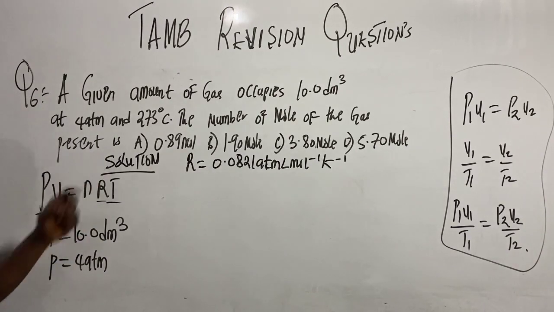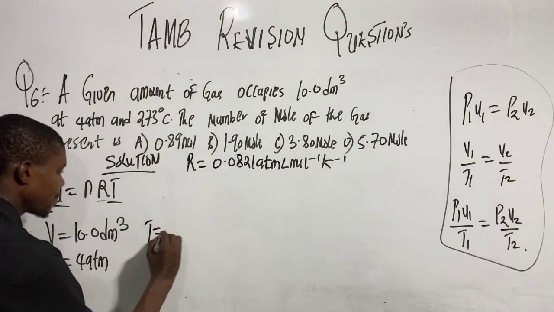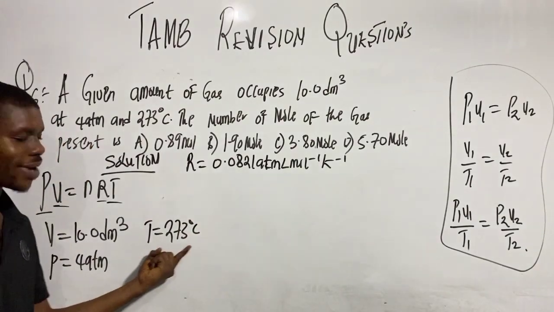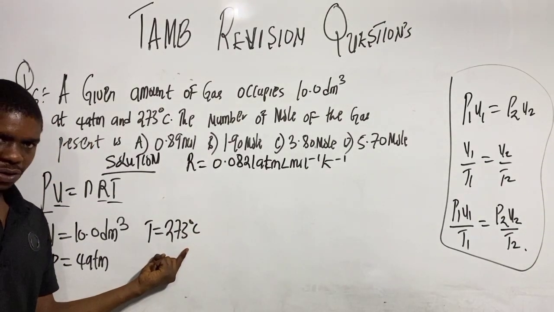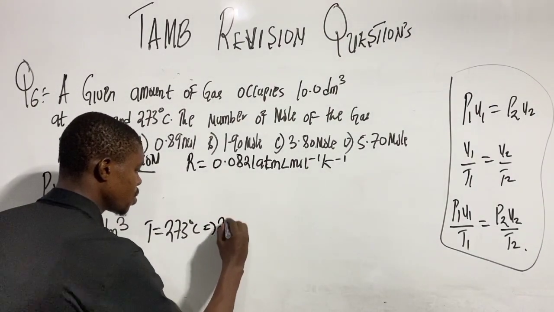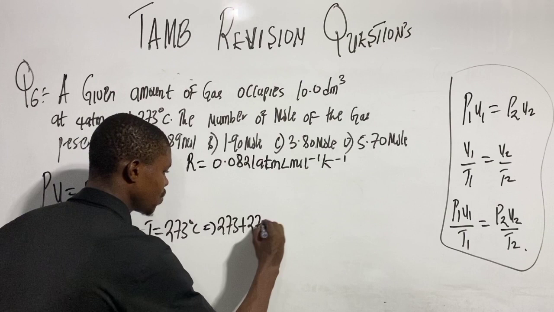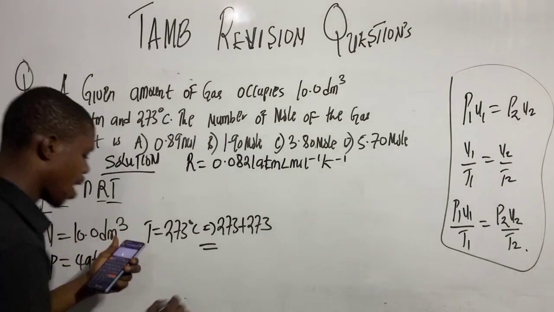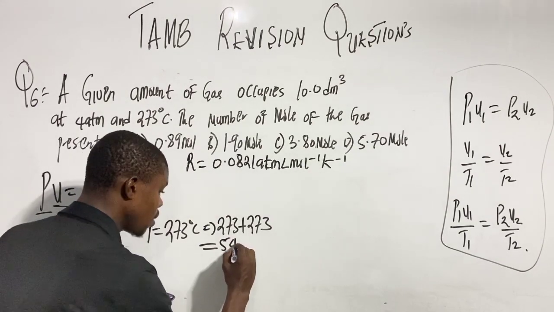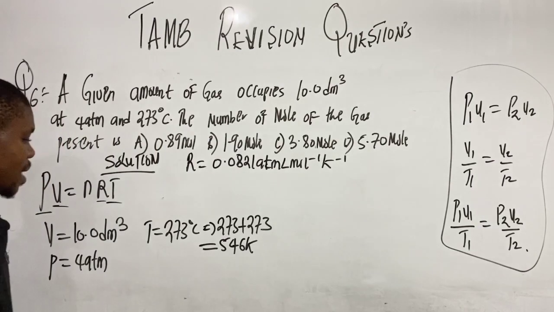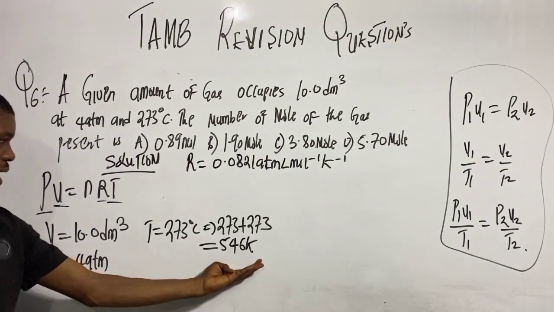Then my temperature is 273 degrees Celsius. Now I must convert this to Kelvin by adding 273. So it's going to be 273 plus 273, which gives 546 Kelvin. It's very important to convert to Kelvin here.